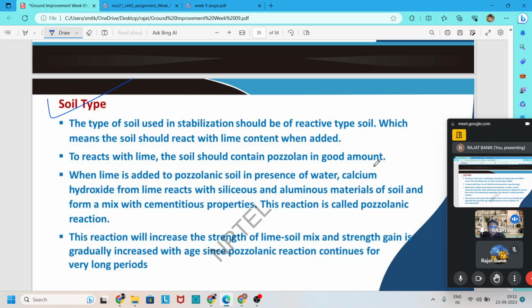After that, when we apply water, they form cementitious material: one is calcium silicate hydrate and the other calcium aluminate hydrate, and this reaction is called the pozzolanic reaction. We know that this is a continuous reaction, and due to this reaction, strain gaining is happening, and over a longer period of time the strength of the soil is increased.